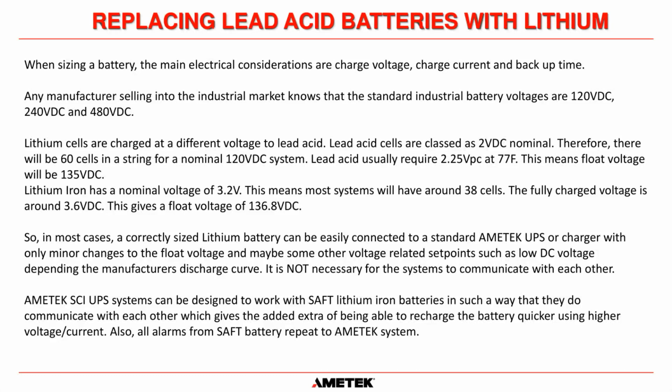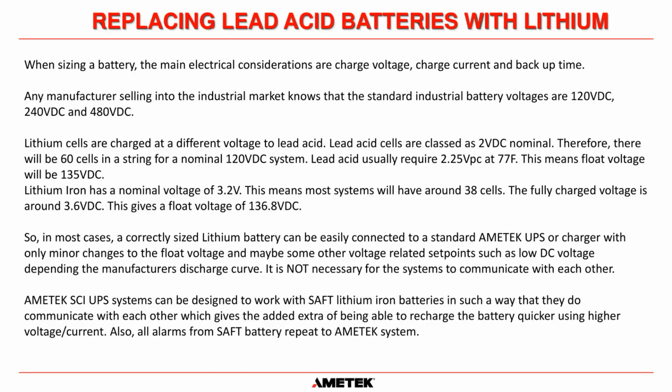So if you multiply 3.6 times 38, that gives you an overall float voltage of 136.8 volts. Okay, and when you go back to the first line on this presentation, it says really all that you need to know when designing a battery is the charge voltage, the charge current, and the backup time required.